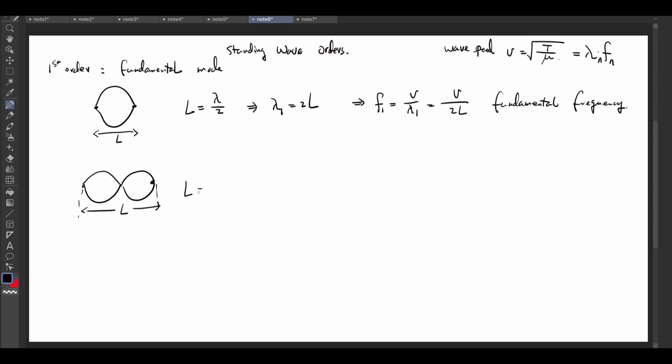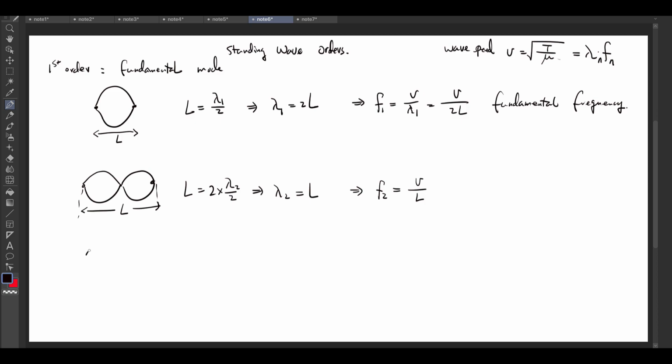So L equals 2 times lambda over 2. Actually, let's label all the orders. So that's lambda 2. So lambda 2 equals L. Now from there, we can say F2 equals V over L. And that's the second order standing wave.